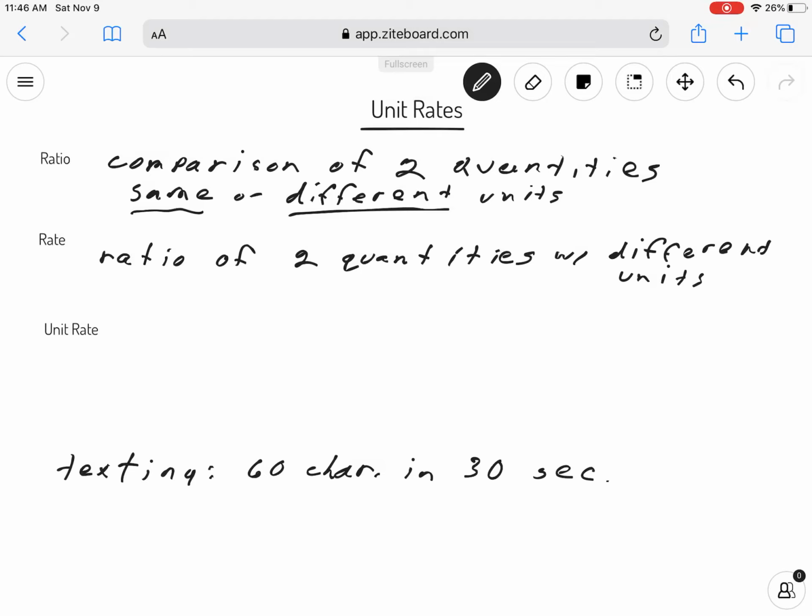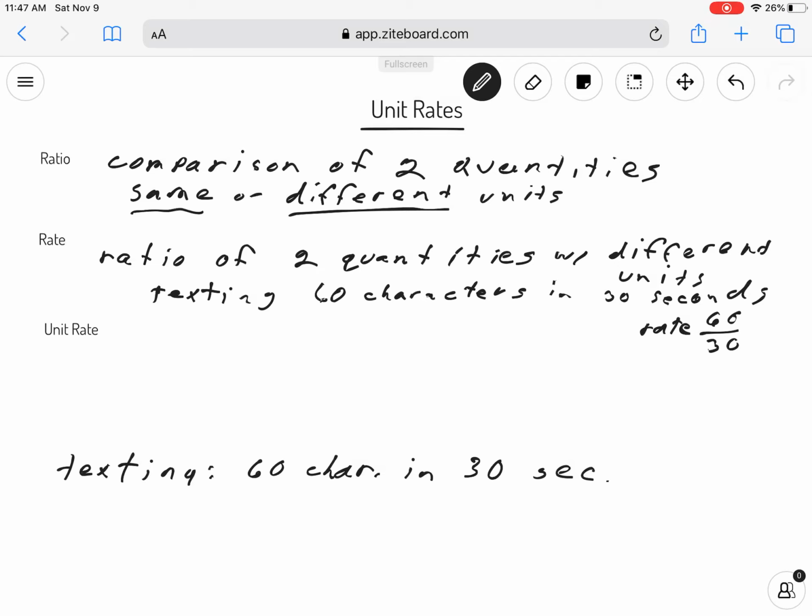An example could be, say, of texting. So you could have somebody that texts 60 characters in 30 seconds. Okay, and so the rate is 60 characters for every 30 seconds.